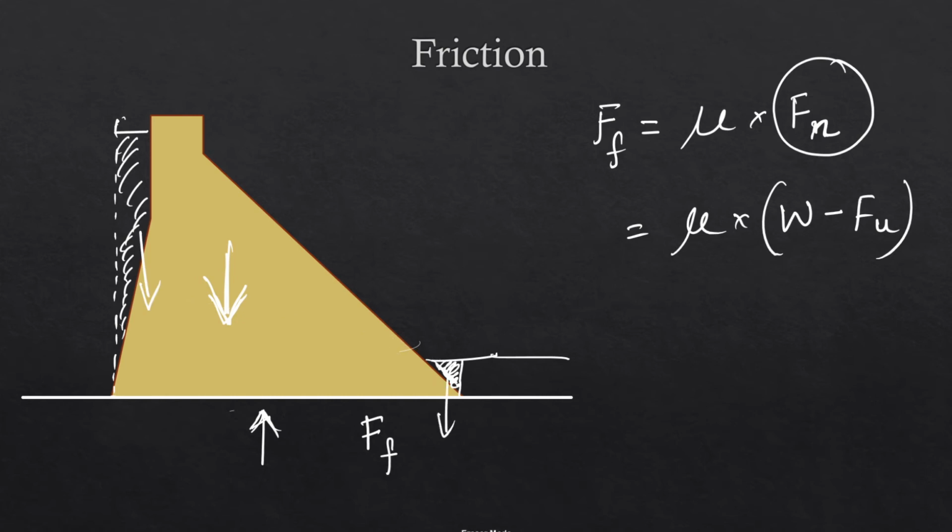So these two forces will also have to be considered here, and those two forces will be added to the weight because they are downwards. So we'll add, let's call it F capital V plus F small v. So these are the forces in the vertical direction, 1, 2, 3 vertical forces in downward direction and 1 vertical force in upward direction, that is the uplift pressure. So this is how we find out the frictional resistance against sliding.